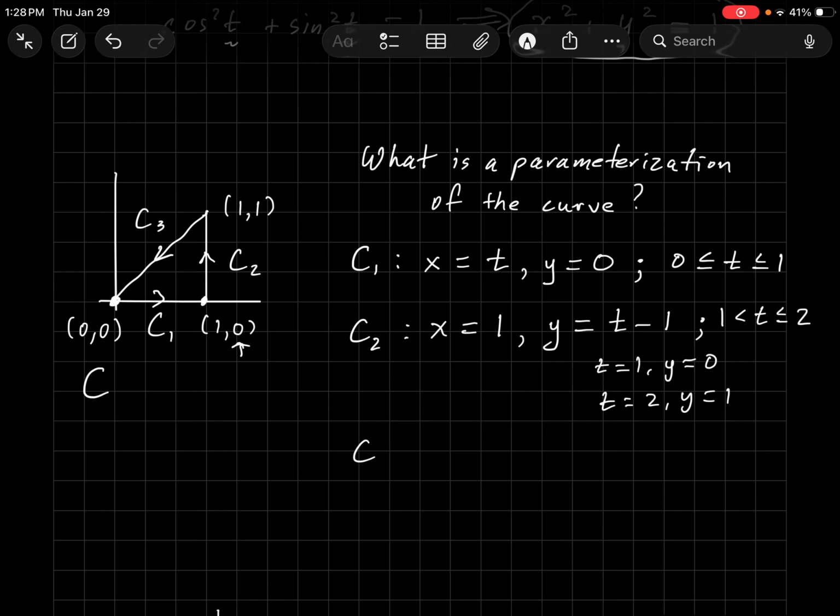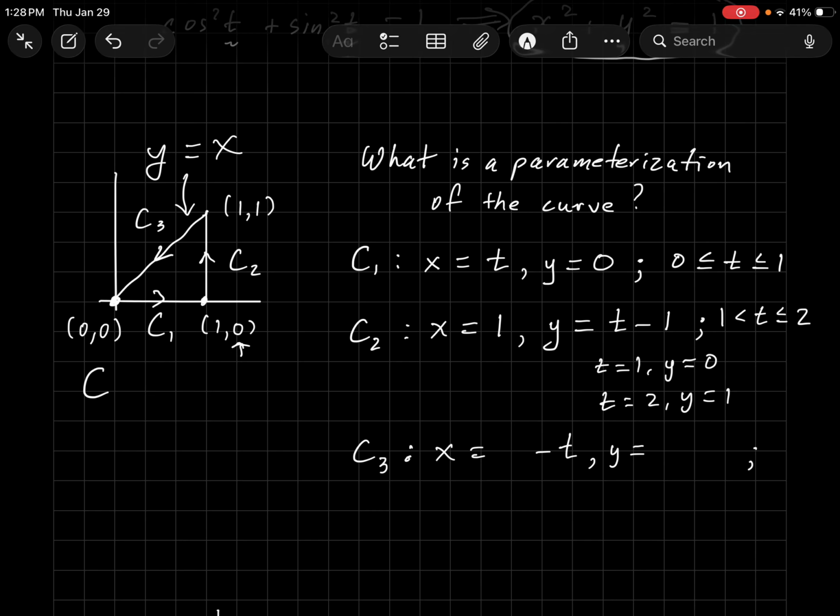So how about C3? Now both of them are changing. In fact, x is getting smaller, right? So let's say probably something minus t, because I'm going that direction. And y equals x, since we already said we're on the line y equals x. So if I can figure out what x is, I know what y is.